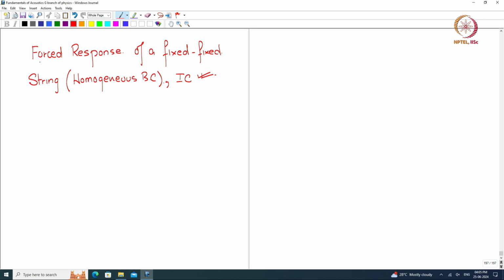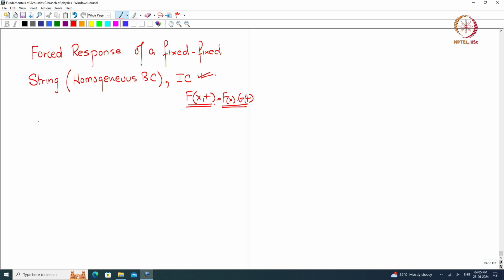And force can be general, force is some f of x comma t. Okay. The only assumption is this can be written as some other f of x and some g of t, can be separated. Okay. So let us begin.